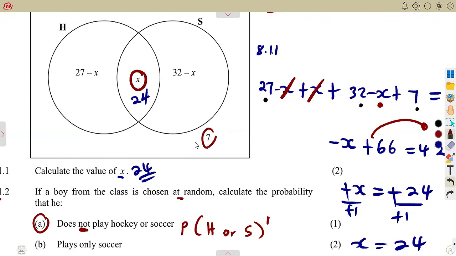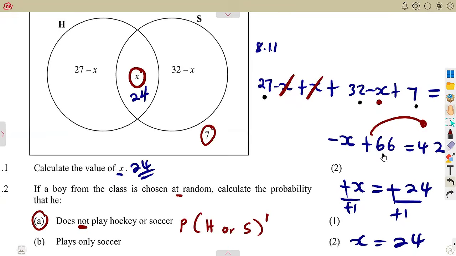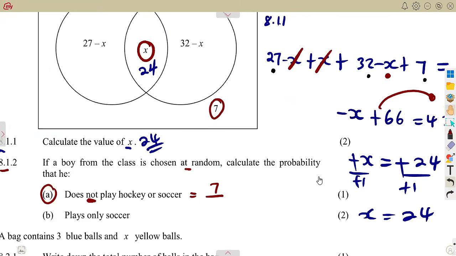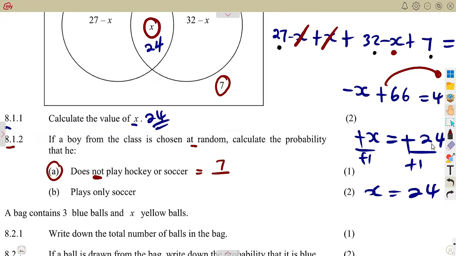Outside, meaning we're talking of the 7 that we are given. These ones do not play hockey or soccer. How many are they? There are 7 out of the number of boys that we have, which is 42 in the class. Remember, there are 42. Like I said, you can write it as a decimal, as a percentage. It's up to you.